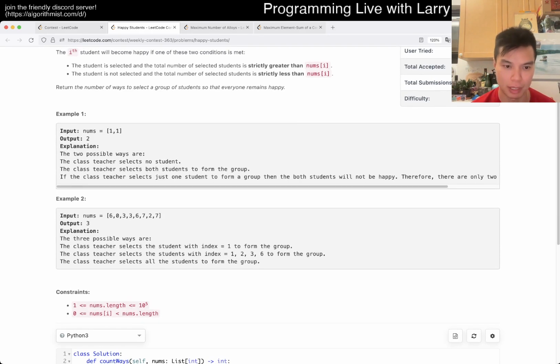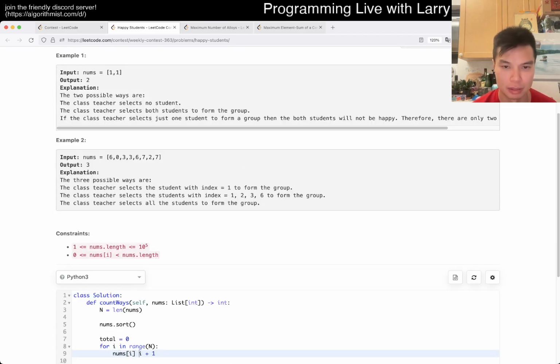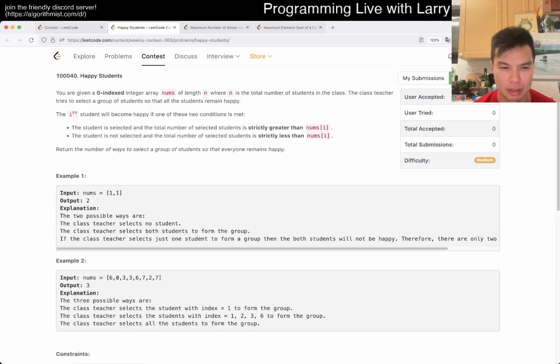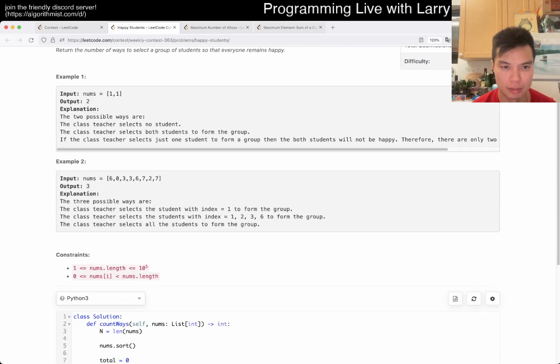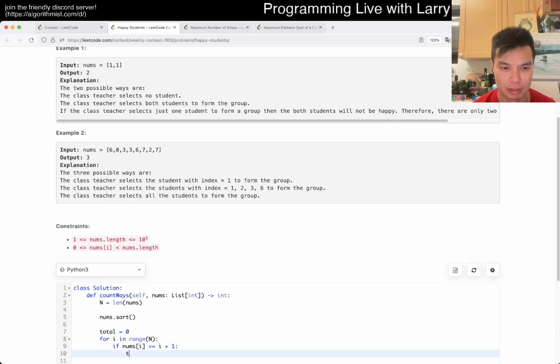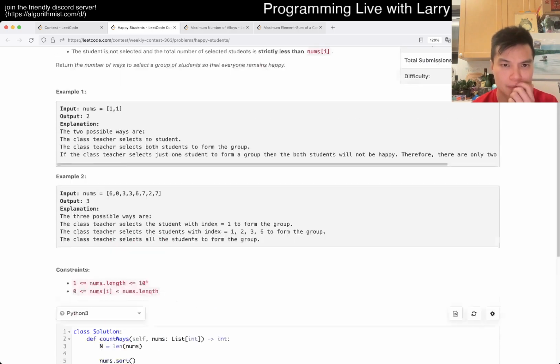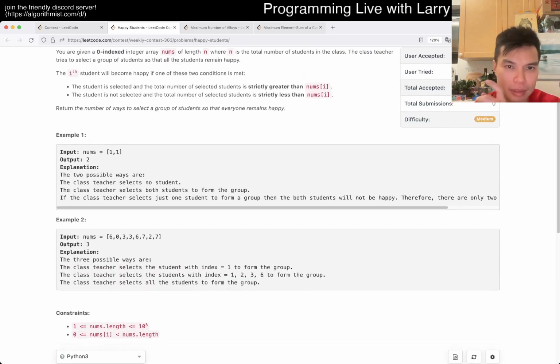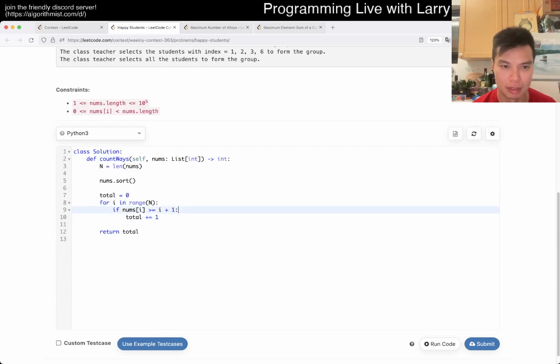So num sub i, if this is greater than or equal to i plus 1, then I think it's an everyone number, and okay. And num sub i plus 1.